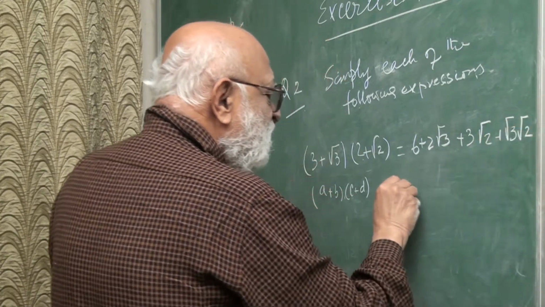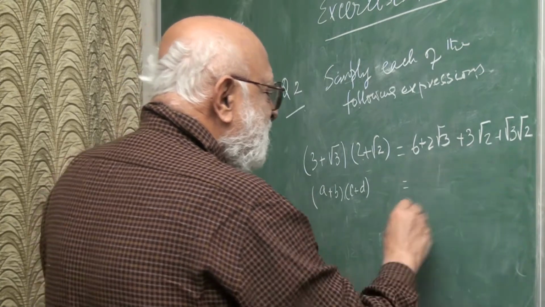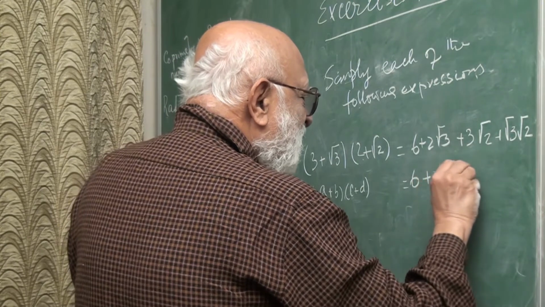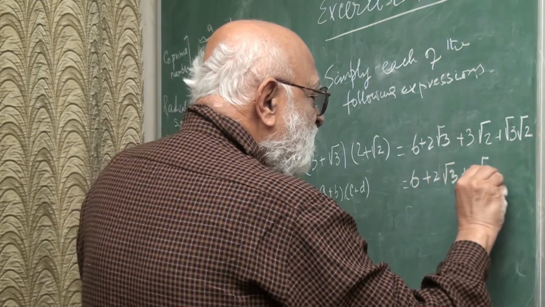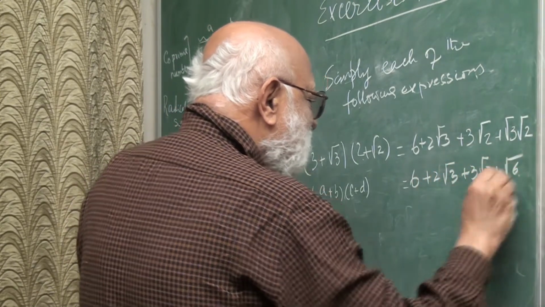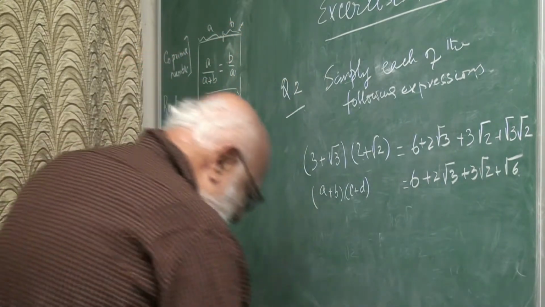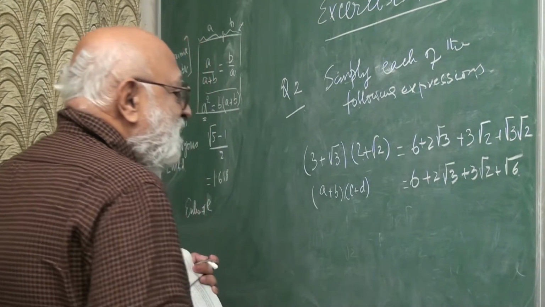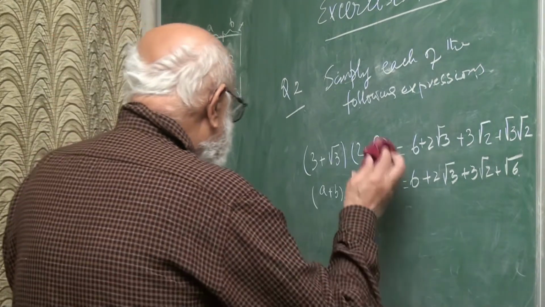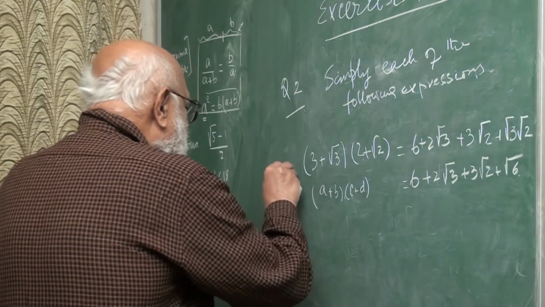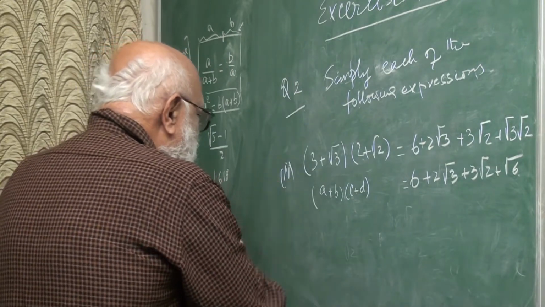That is equal to the same thing, there is no change. You can write it down again, 6 plus 2 root 3 plus 3 root 2 plus root of 6. Okay, so this is done. Okay, next one again very easy. This is easier than this. So this was number 2. We have done the previous one. This is number 2. Okay.